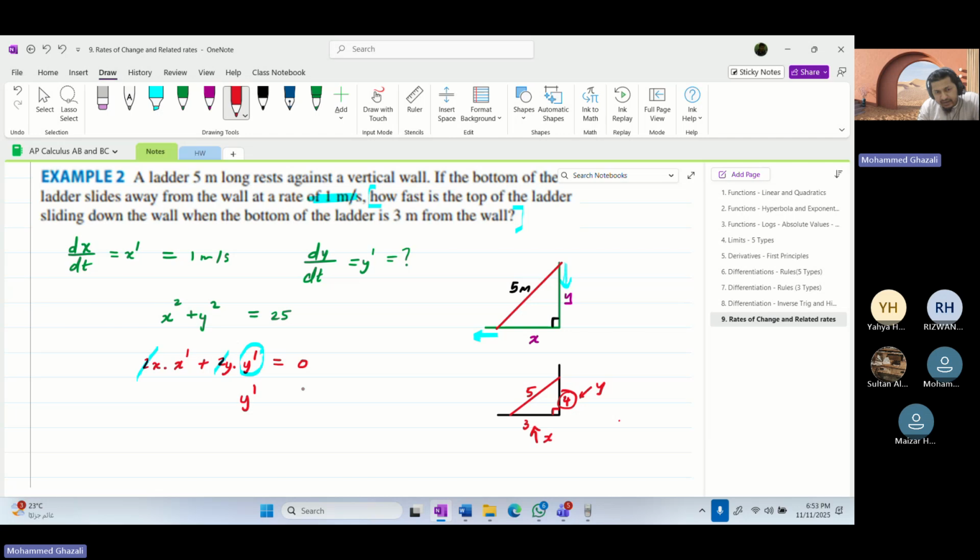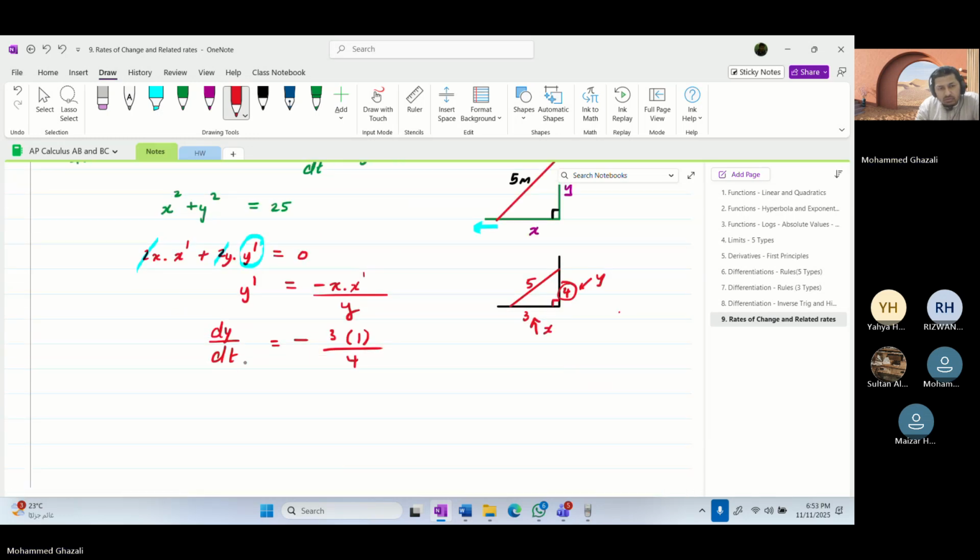So y prime is equal to negative x times x prime divided by y. So what is y prime, dy/dt? Negative, what is x? x is 3. What is x prime? 1. What is y? y is 4.